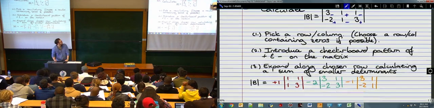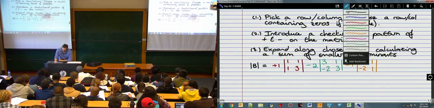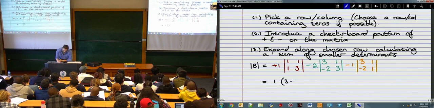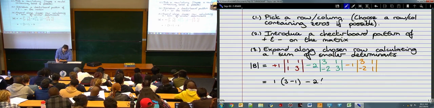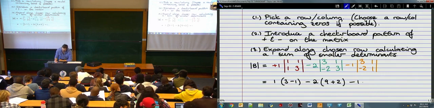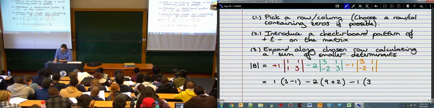Okay, so let's write out our next row. So our next row is going to be 1 times 3 minus 1, minus 2 times 9 minus minus 2, minus 1 times 3 minus 2.